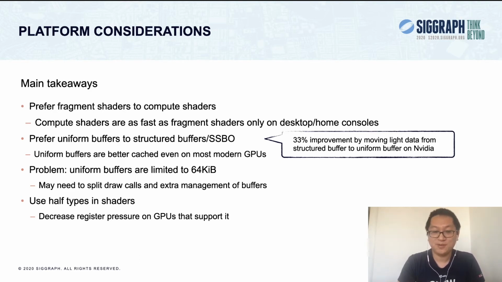So it's quite significant. The problem with uniform buffers is that they're limited in size. 64 kilobytes is the normal maximum, so we need extra management to split the data into several uniform buffers. And finally, we prefer to use the half type in our shaders because it potentially decreases register pressure on GPUs that support it. That's very specific to mobile GPUs.